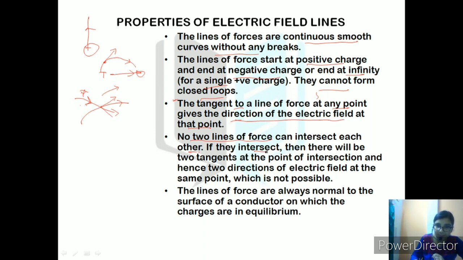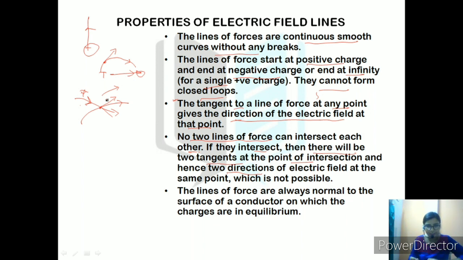If they intersect, there will be two tangents at the point of intersection, which will give two directions of field intensity at the same point, which is not possible, because at a point the electric field can have only one direction.